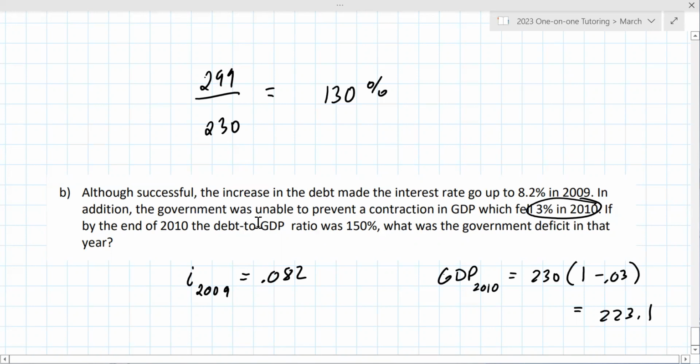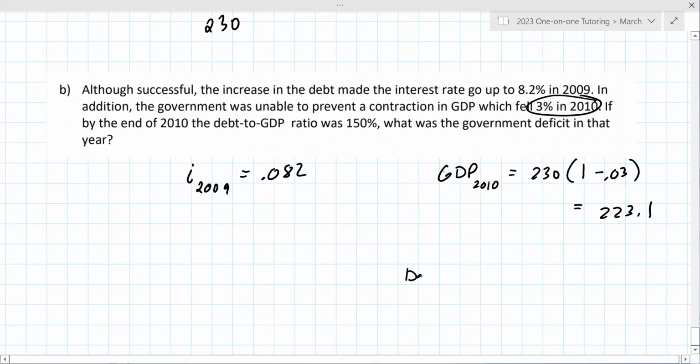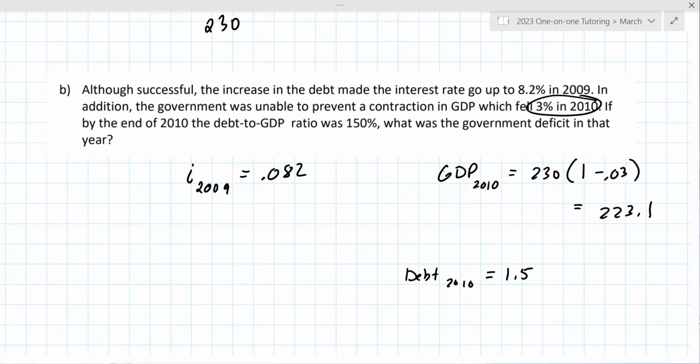The debt ratio, so we know the debt from 2000, we know the debt in 2010 is 150% of the debt to GDP ratio, which we just calculated. No, sorry, that is the debt.